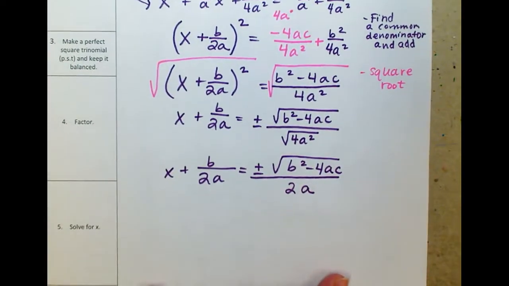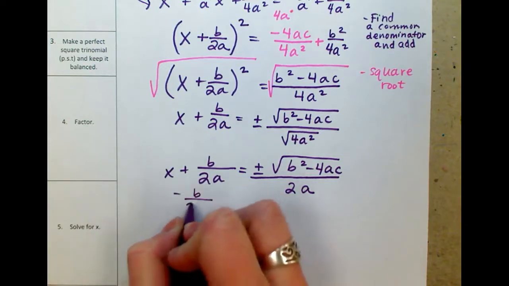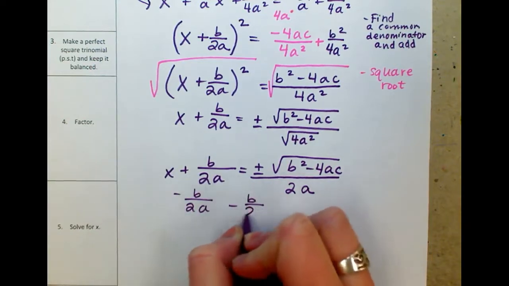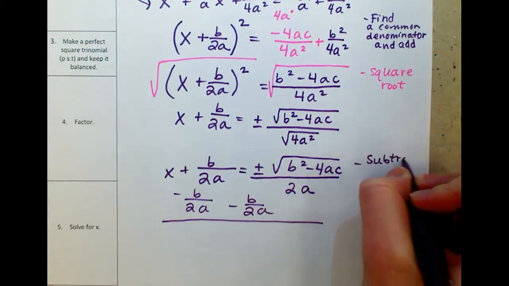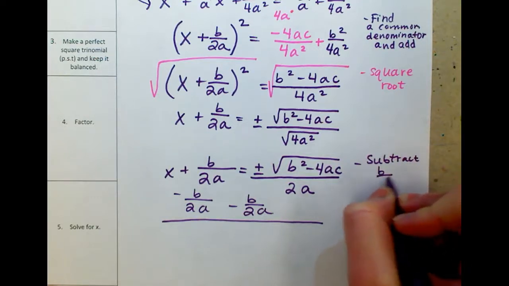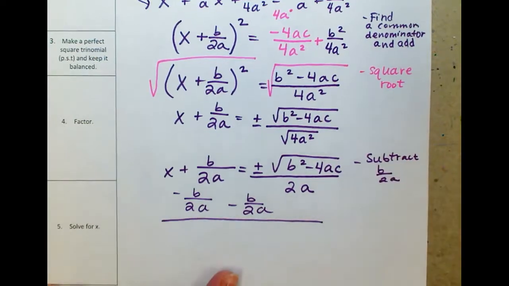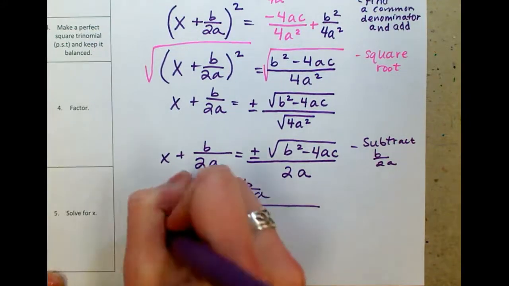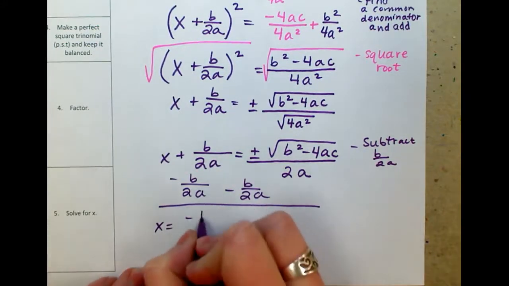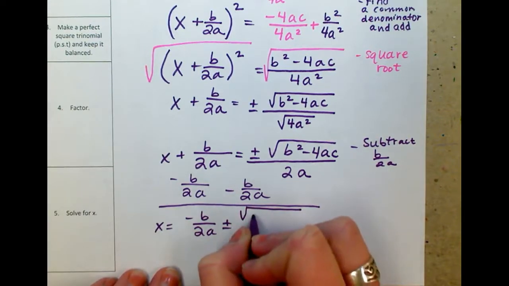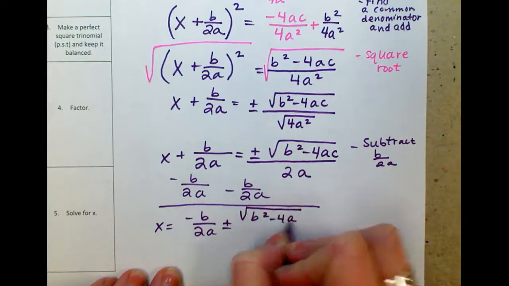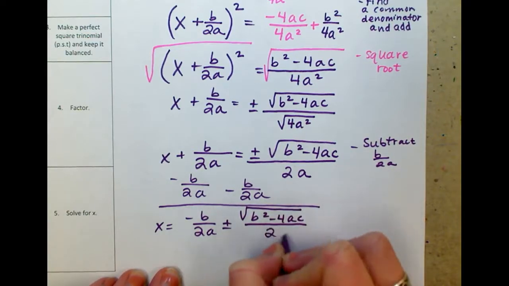All right, still solving for x. So my next step, I'm going to subtract b over 2a from both sides. So this becomes x equals negative b over 2a plus or minus the square root of b squared minus 4ac over 2a.